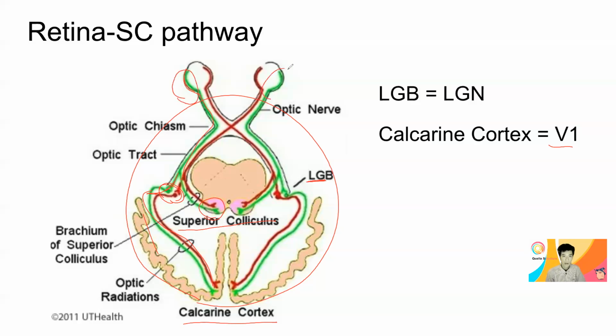The right side goes into the right hemisphere, and the right eye's left side and the left eye's left side converge onto the same LGN and the same superior colliculus.